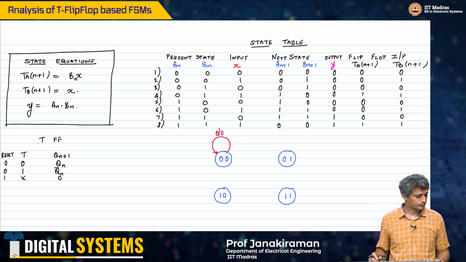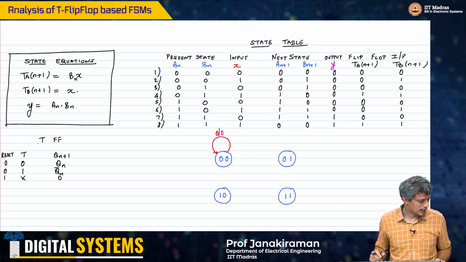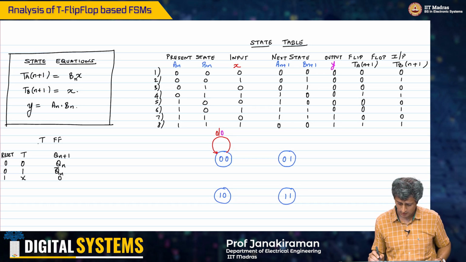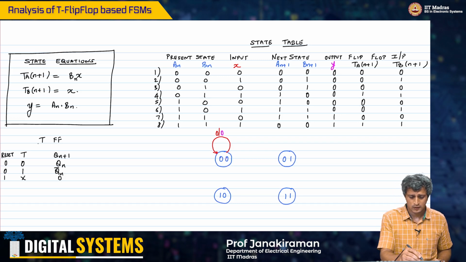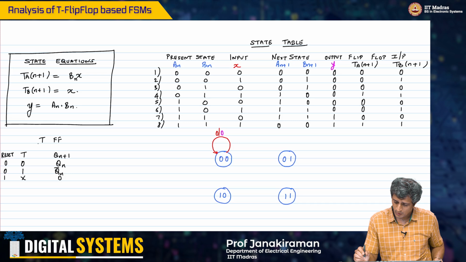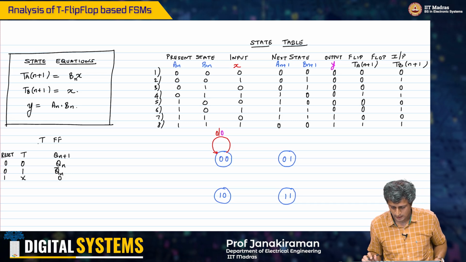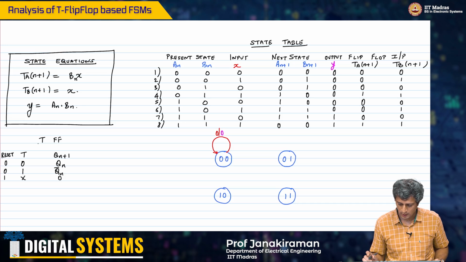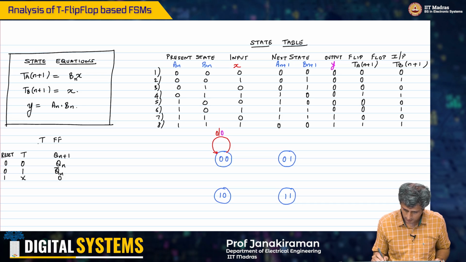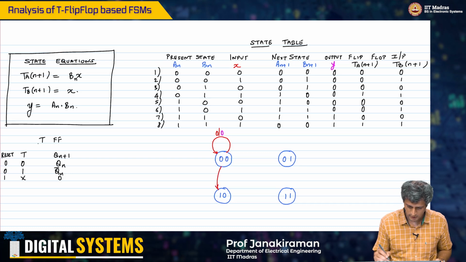So yeah, and likewise, if my An and Bn in row 2 is 0, 0, but input is 1, then I go to state 0, 1, right?